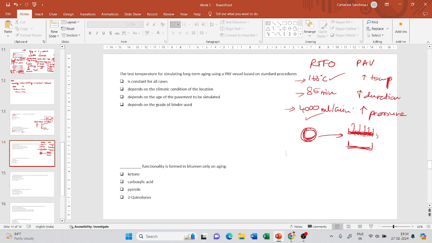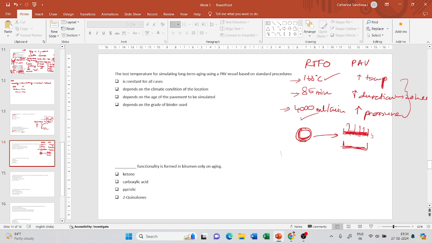So you have to provide these three. Now this duration is 20 hours. This pressure is 2.1 MPa. Why? Because it has to be very high so that the oxygen can diffuse through the layers. Duration 20 hours because it is obviously a long-term aging, it has to be a longer duration.